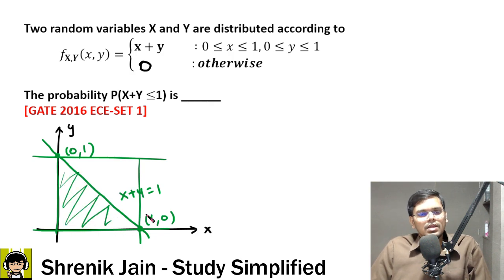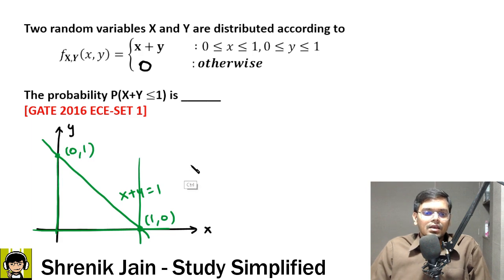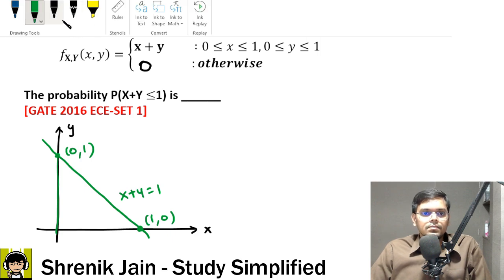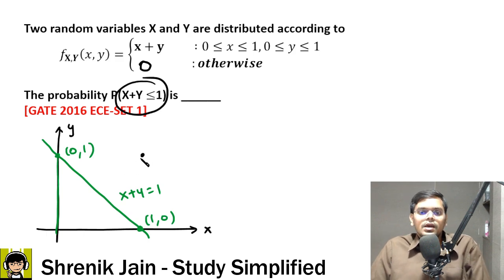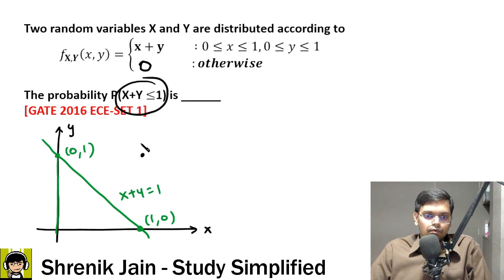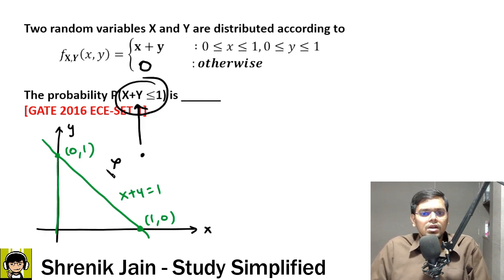Sir, how do you know that the shaded region would be this? There is a reason behind it, I will tell you why. When somebody says x plus y is less than or equal to 1, then take the point 1 comma 1. 1 comma 1 does not satisfy this condition, so the upper region is not allowed.